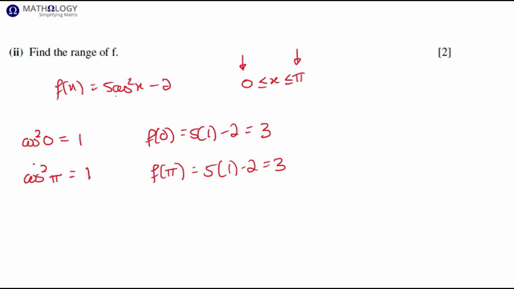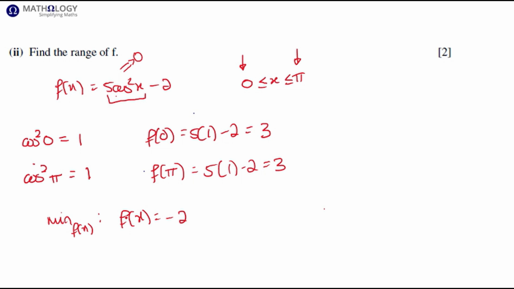Now, this is the maximum value for f of x. The minimum value of f of x will occur when this term 5 cos squared x equals 0, in which case the minimum value of f of x will be minus 2.